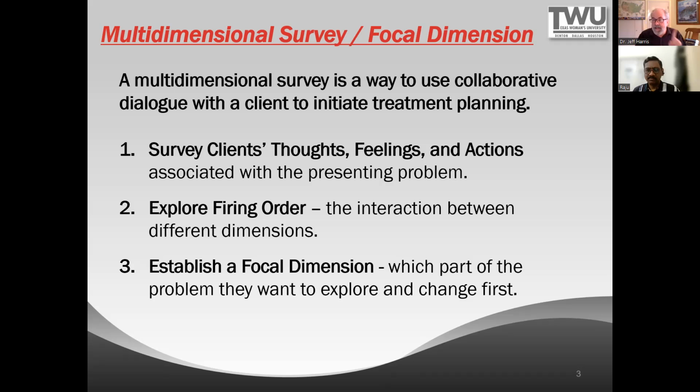The two previews I gave were: is your fear adaptive because it's related to something that's objectively dangerous, or is it a leftover reaction learned earlier in life? So that's how I do a multidimensional survey, look at firing order, and establish a focal dimension.